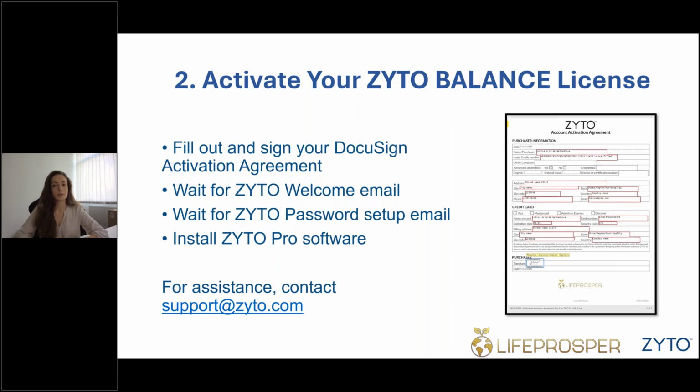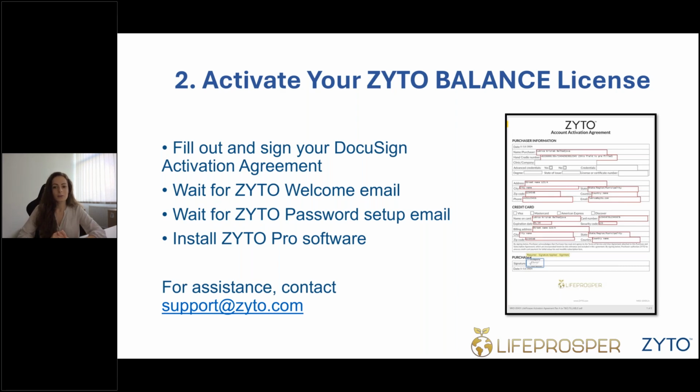DocuSign is a system that will enable you to fill out and sign the activation agreement online on your computer or on your cell phone very easily. You don't need any special electronic signature or anything like this. You will just click on the link in the email. This will take you to your DocuSign activation agreement.